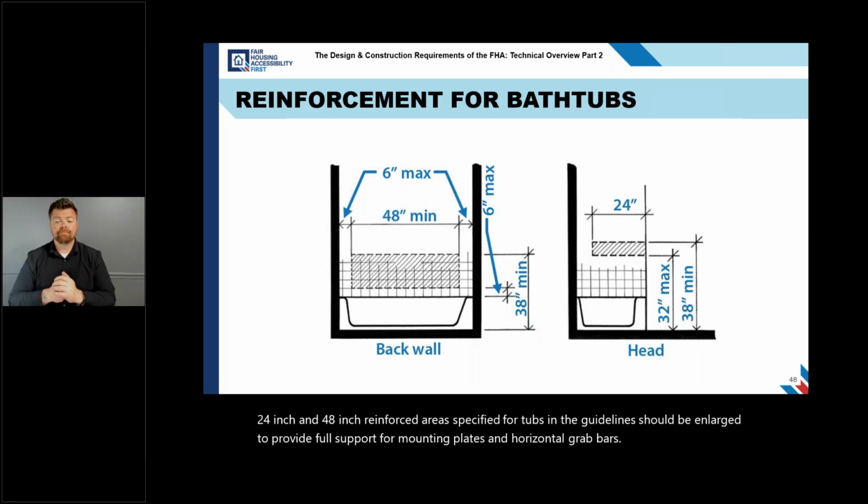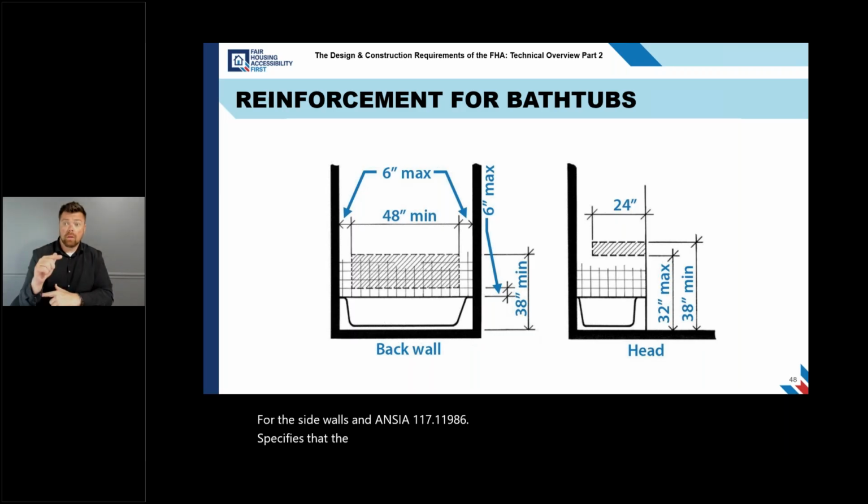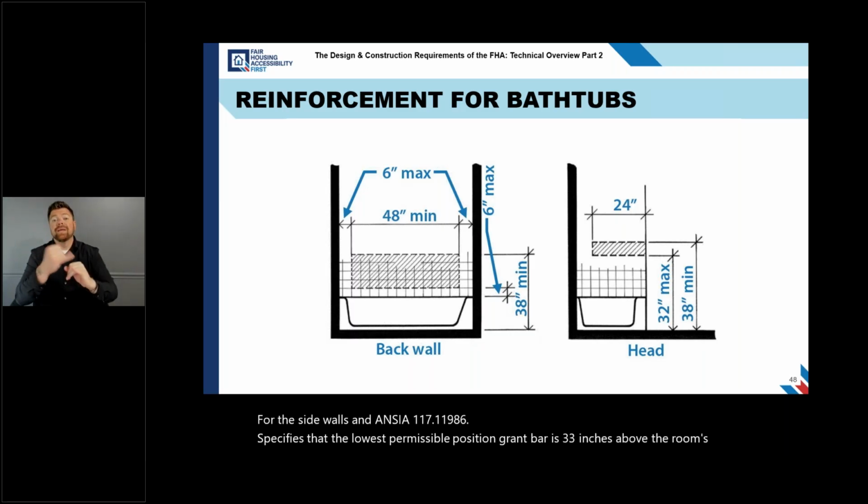For the side walls, ANSI A117.1, 1986, specifies that the lowest permissible position grab bar is 33 inches above the room's floor.